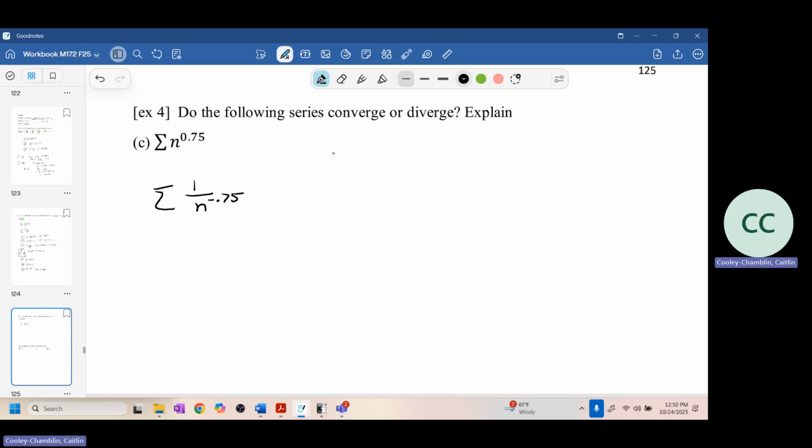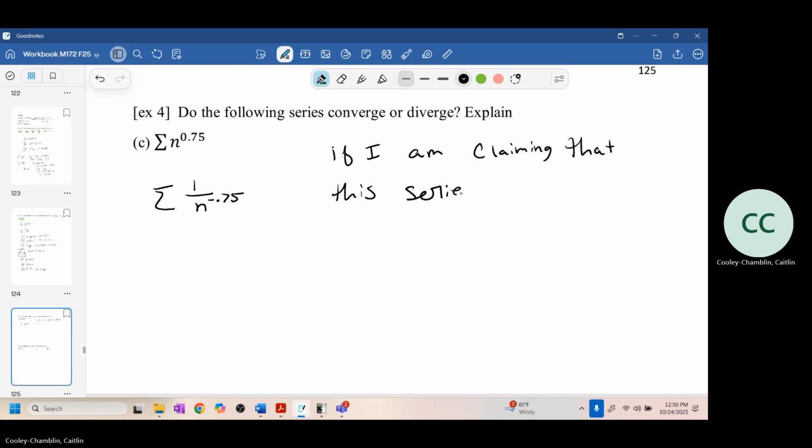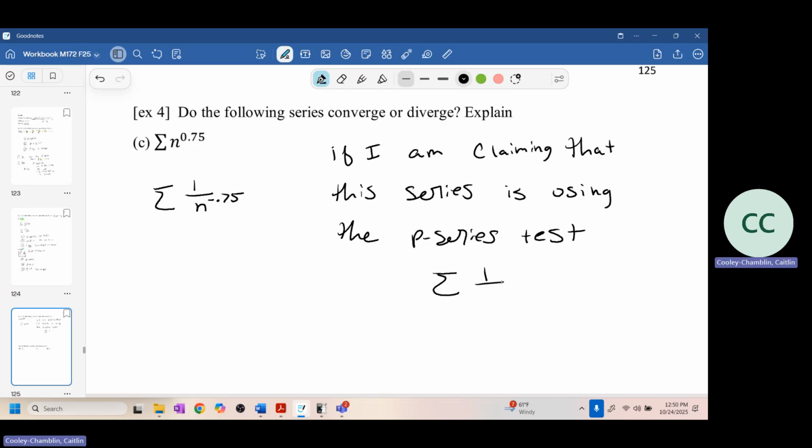If I'm claiming that the series is using the p-series test, it better look like the summation of 1 over n to the p.